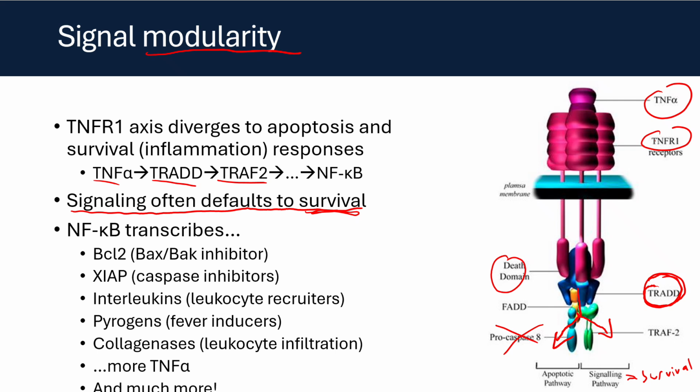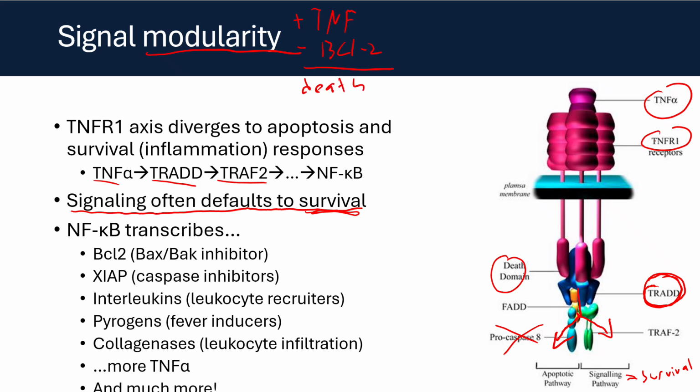When a cell needs to die, it is going to be exposed to TNF alpha while it tamps down protective proteins like BCL2. The result of that is going to be cell death.